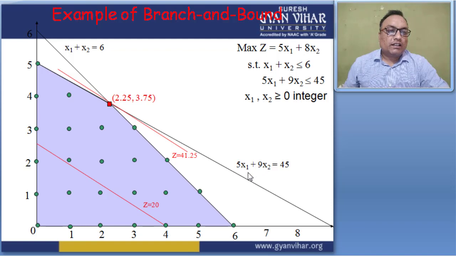For this constraint, if I first put x2 equal to 0, then x1 equal to 9, and if I put x1 equal to 0, then it will give a different value for x2. So here x1 equal to 9 and x2 equal to 5, and for the other line, x1 equal to 6 and x2 equal to 6.